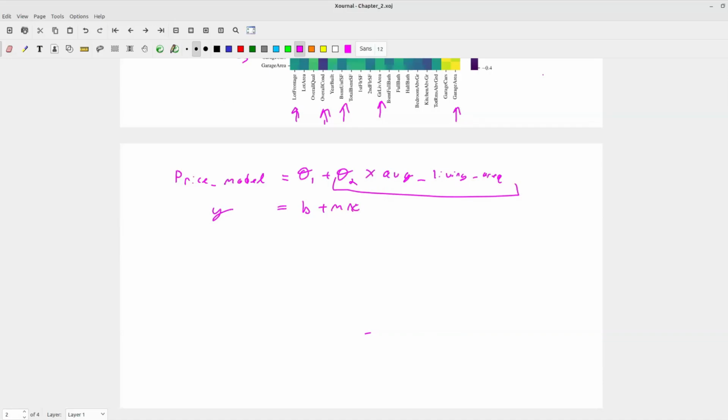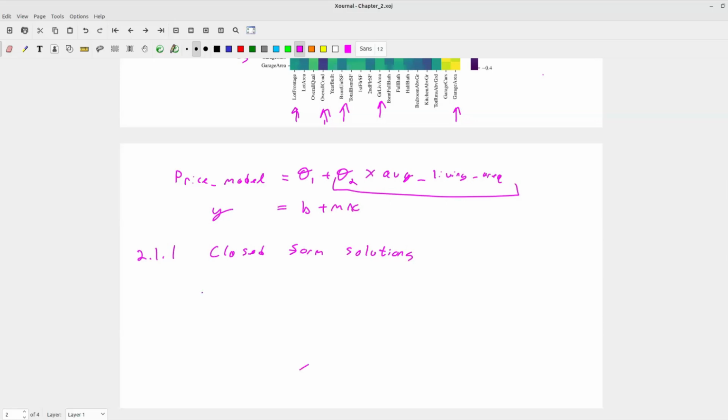We love closed form solutions. This is section 2.1.1, closed form solutions. To determine the optimal parameter values to enhance our performance, it's essential to define some suitable performance measures.